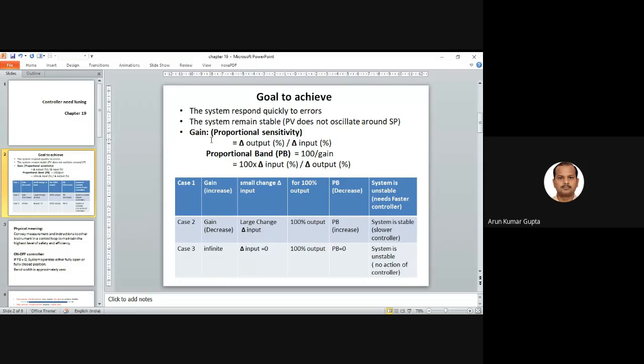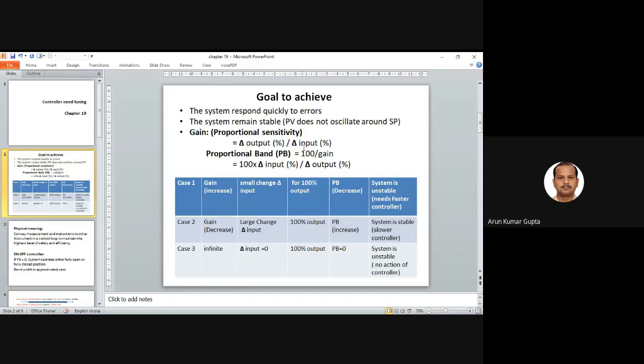So if we want to increase the gain, we have to make a small change in the input. A small change in input means if this number is less, gain will be high. Mathematically, we can also see that if this is low, then gain will be high if we keep the output constant, right? So gain will increase when we have a small change in the input for the 100% output.